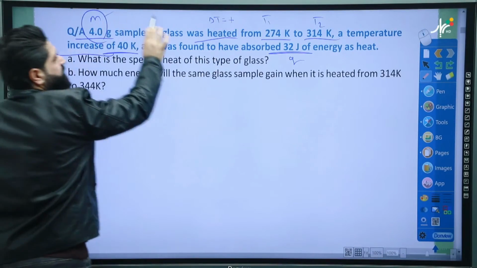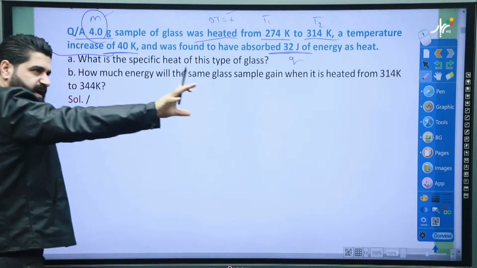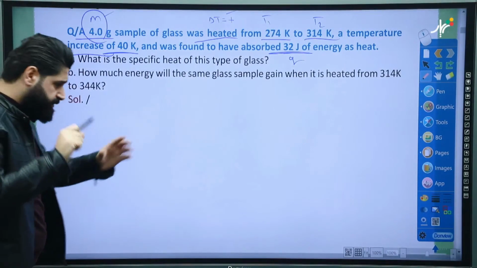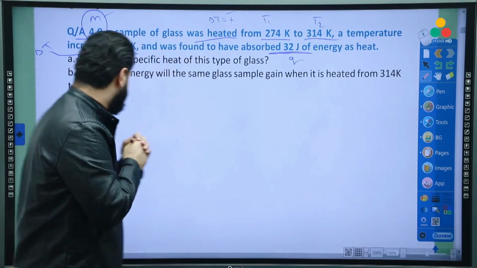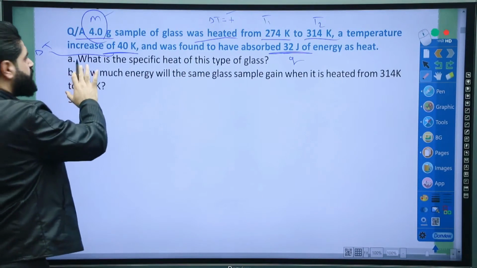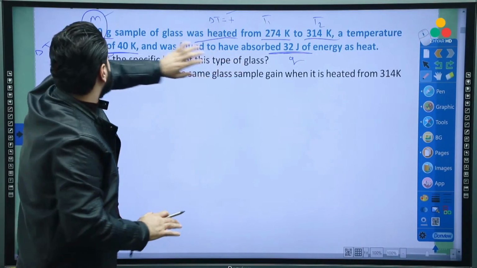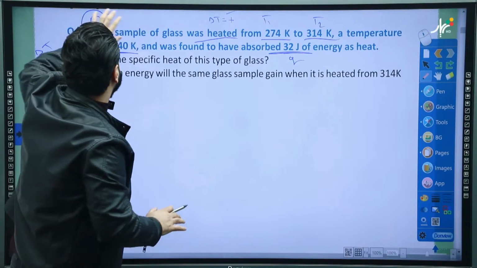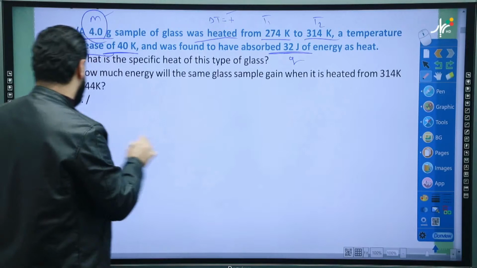If you have M, delta T, and Q, immediately get the value of Cp. Then you can use Cp for the unknown. Very easy. I'm not going to finish the question. I'm talking about reading. Because we have all the parts of the Cp equation, I have to get the value of Cp.